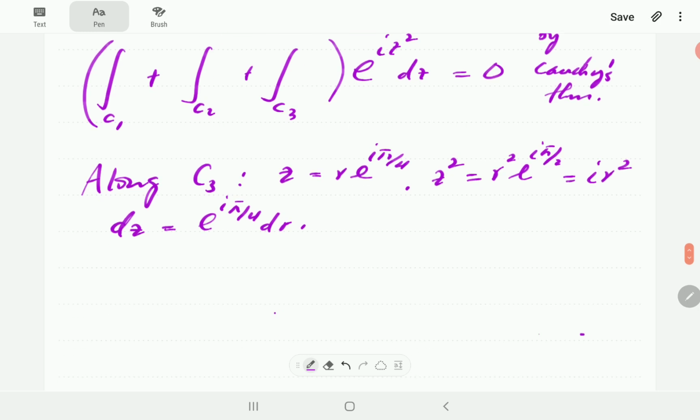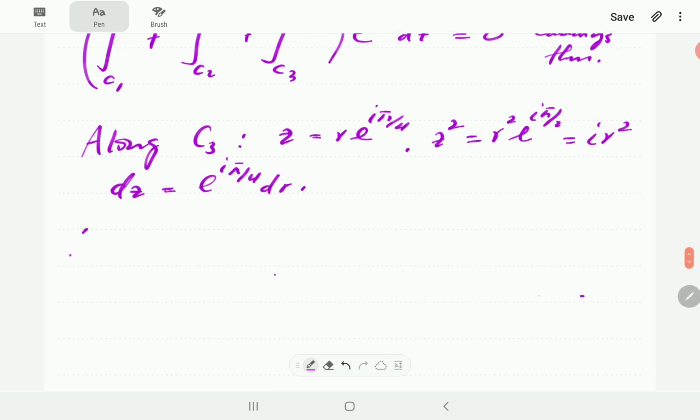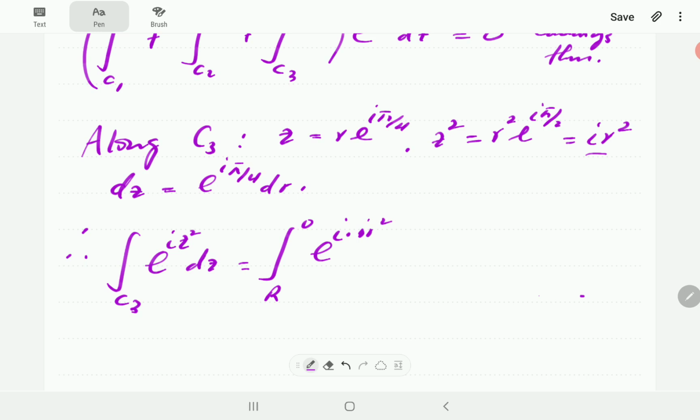So our integral along C3, e to the i z squared dz, is going to be the integral from R to 0 of e to the i z squared, which is i r squared, and then dz is e to the i pi over 4 dr.